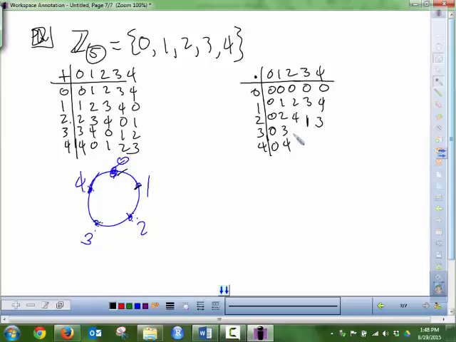3 times 2 is 6. 3 times 3 is 9. 9 mod 5 is 4. 3 times 4 is 12. Mod 5 is 2.